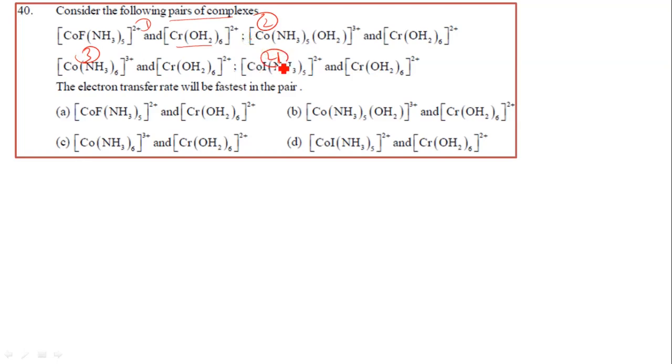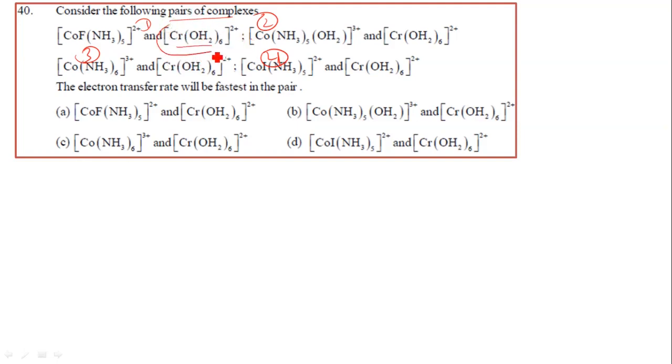Among these 4 pairs, in which pair will the rate of electron transfer be fast, that is, occur at a faster rate? They are asking. Okay. Here in this complex, you observe one thing.